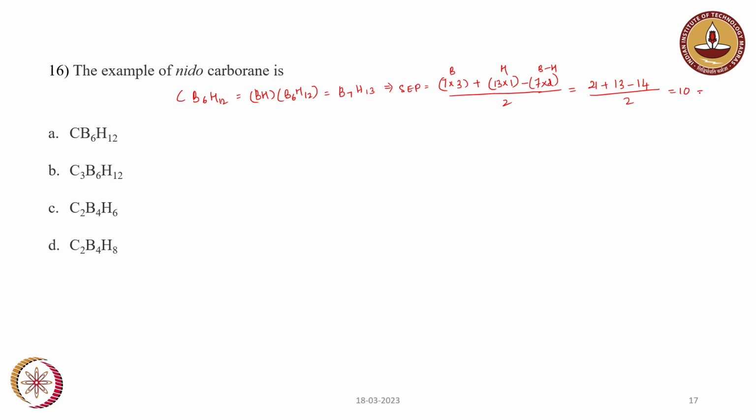So n plus 1 equals 10, so n equals 9 would be closo, but we have 7, which implies n equals 8 would be nido, and n equals 7 will be arachno.